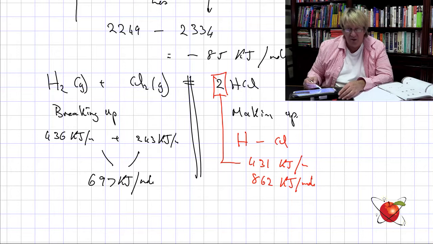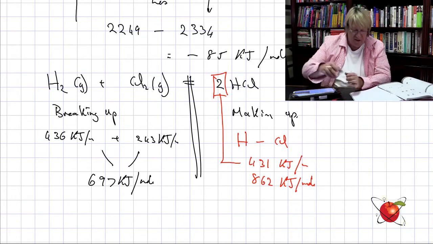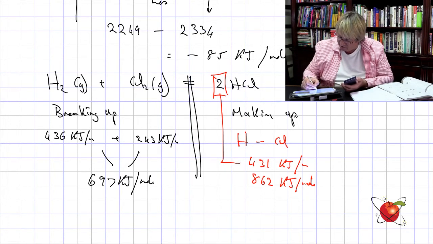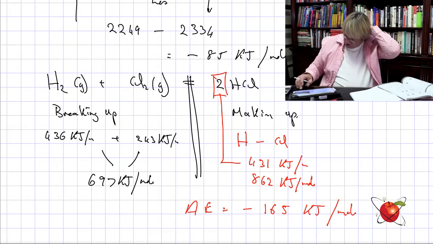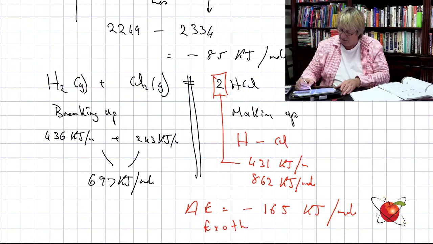So we take in versus out, and we end up with 697 minus 862, which is going to be minus 165 kilojoules per mole. So once again, that's going to be an exothermic reaction, isn't it? It's going to be exothermic.